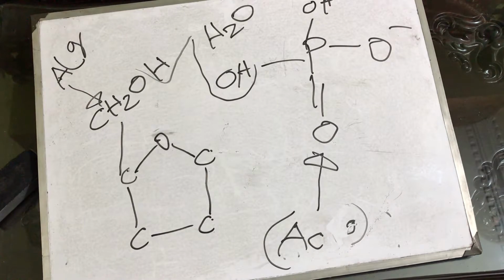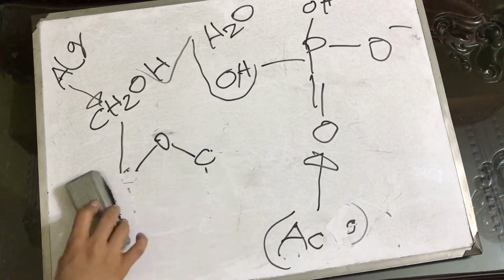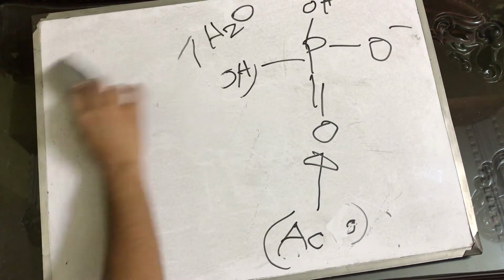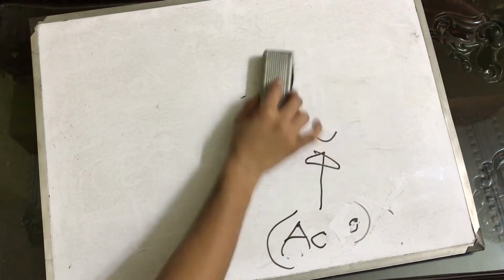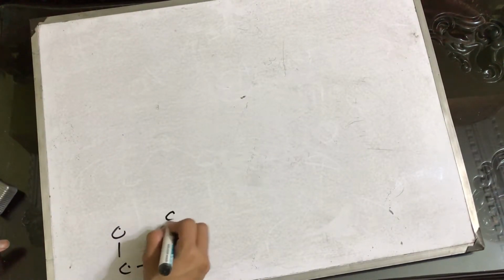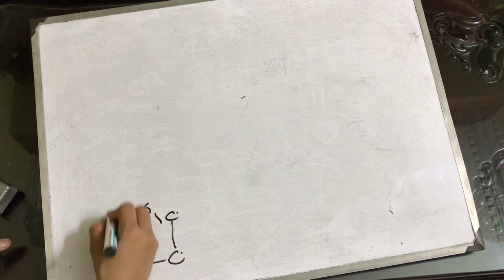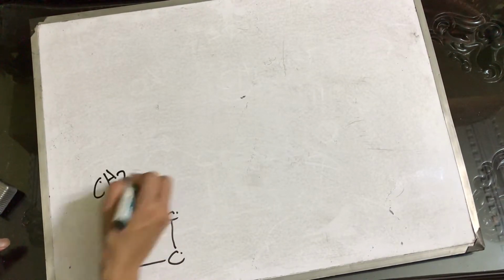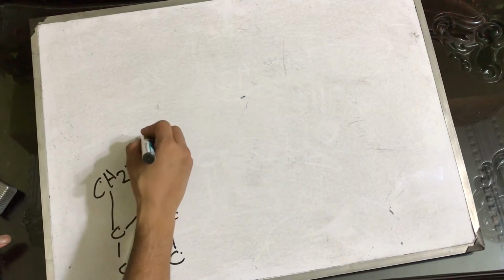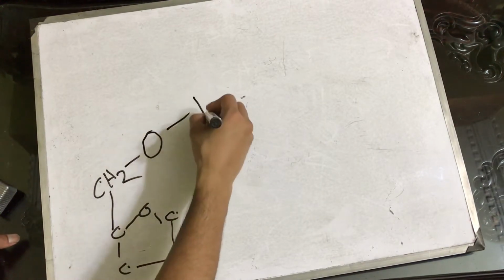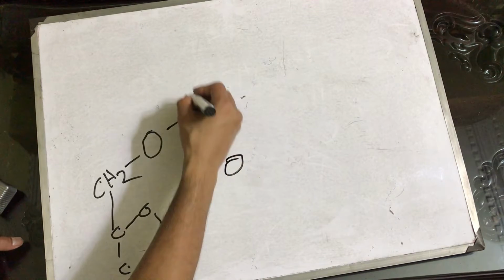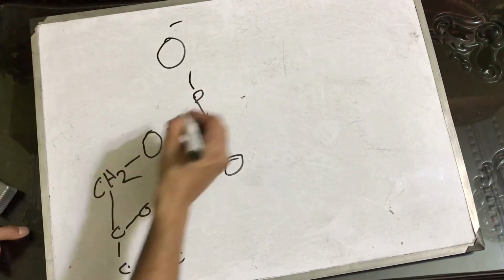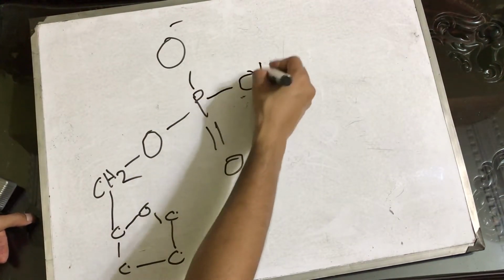So, how is the ester bond? After forming the ester bond, what will the scenario be? The scenario will be something like this. Say this is carbon, carbon, carbon, carbon, oxygen, carbon, CH2, O, P, there was another O, there was one oxygen negative, and there was another hydroxide.